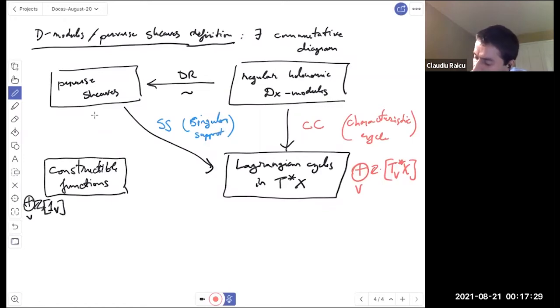And let me just write the map this way, so I don't make too many errors. So this is just the stalk Euler characteristic.